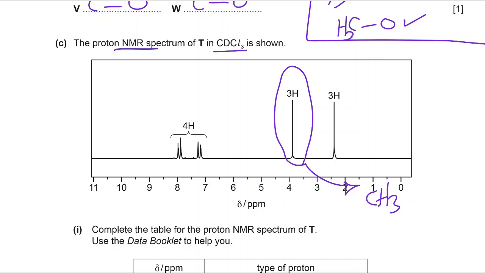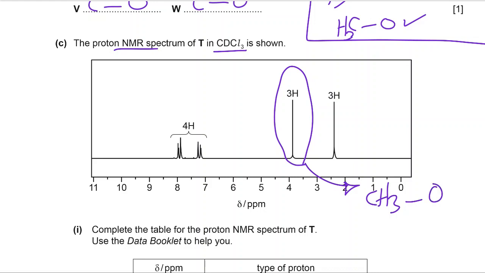From the shape of the peak, it's a singlet. That means this carbon is bonded to a carbon with 0 hydrogens, or it's bonded to oxygen.